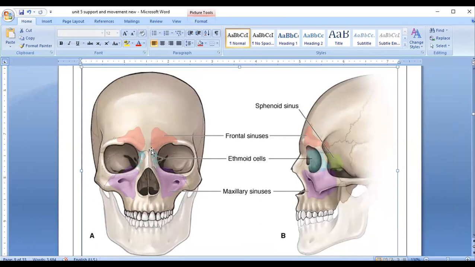These air-filled cavities are in contact with the nasal cavity. Understood?